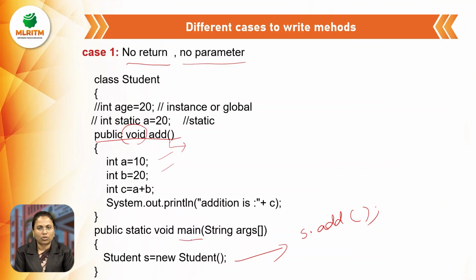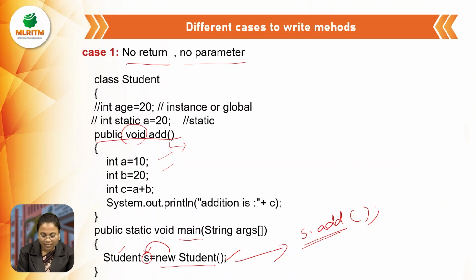When I run this program after compiling successfully, the starting point of execution is the main method. Inside this main method the control enters, and the first line is object creation. I have created a Student class object. This object is stored in the reference variable, right? With this object reference variable only, I should invoke the methods and variables of this Student class.